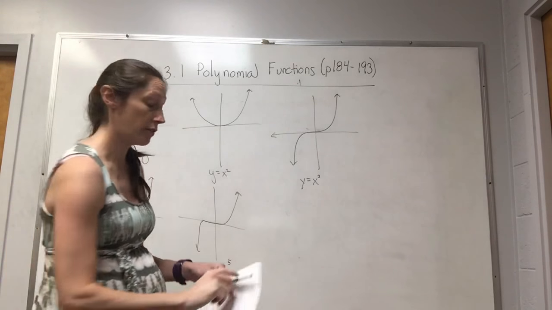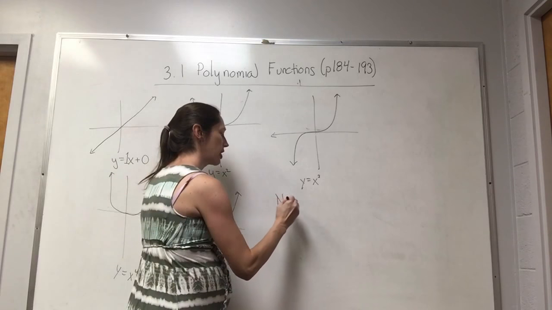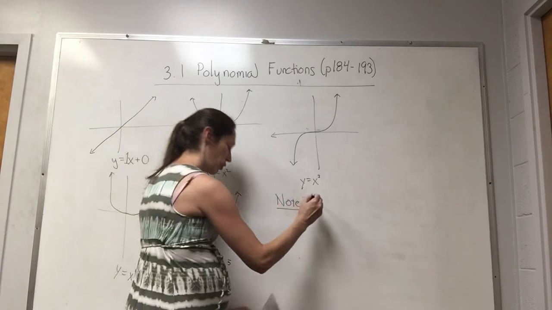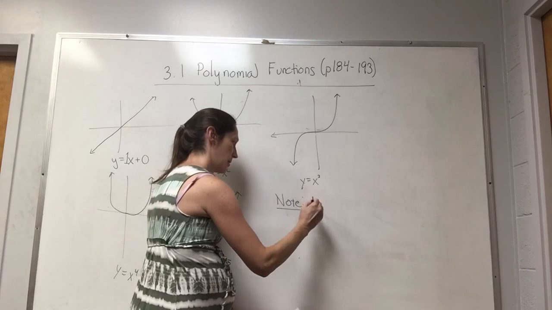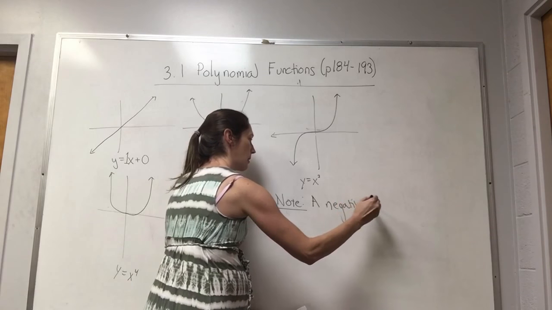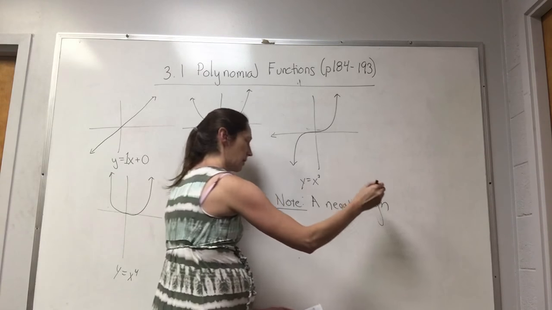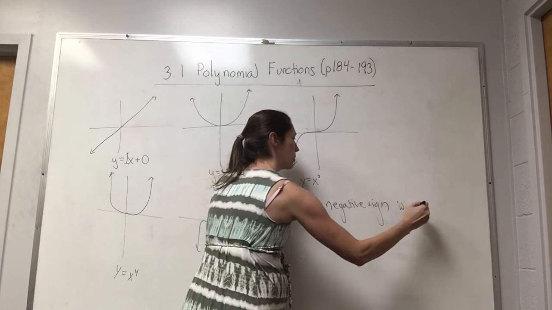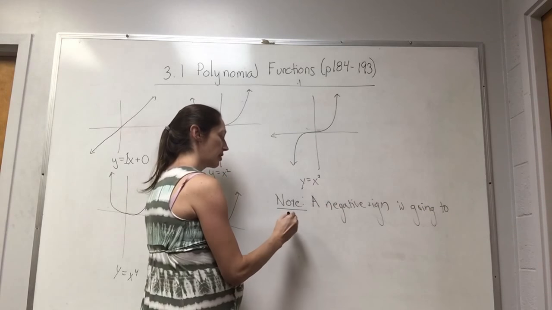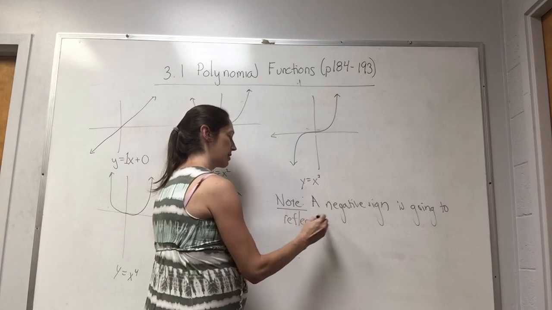Just as a reminder of how things could change or how we could connect this to previously learned material. A negative sign is going to reflect the graph across the x-axis.